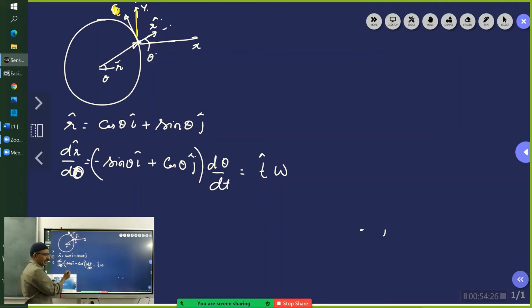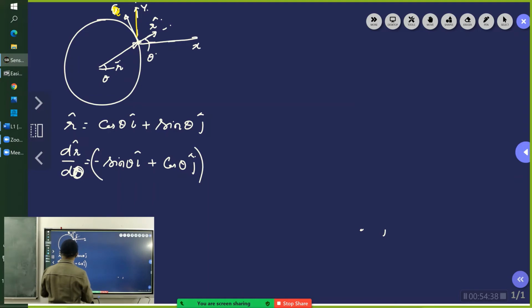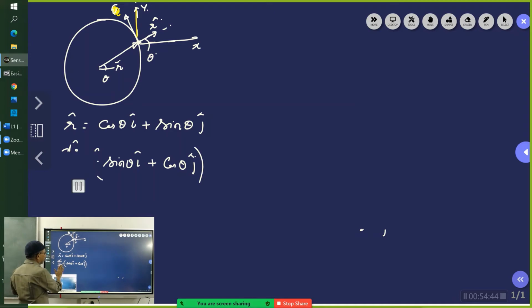When you differentiate a function with respect to theta, you will have to write this. On the left-hand side it should be dR cap by dt.